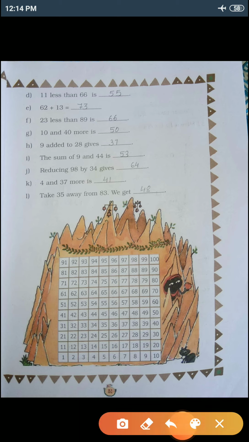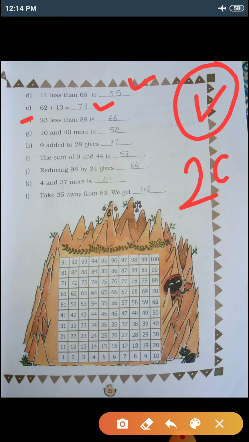Now students, question number F. All these answers we are finding out, you need to mark in Kittu's home on page number 29, or you can mark in this Kittu's home also.